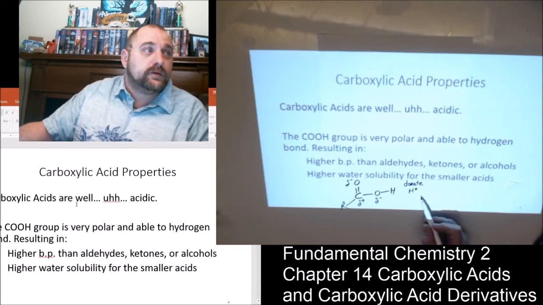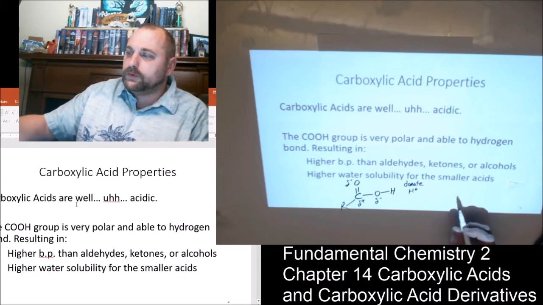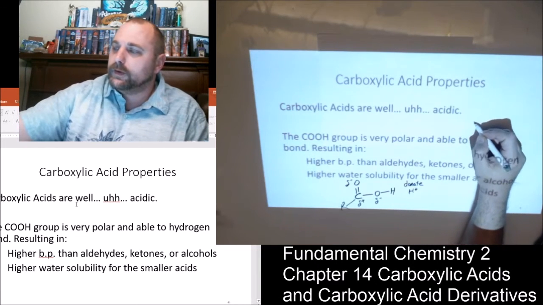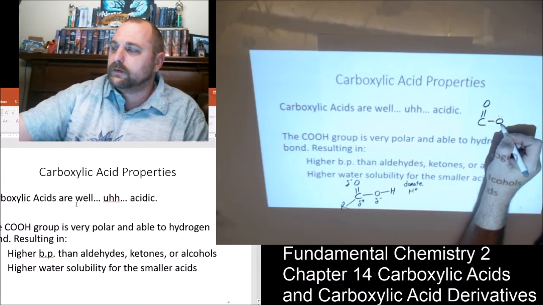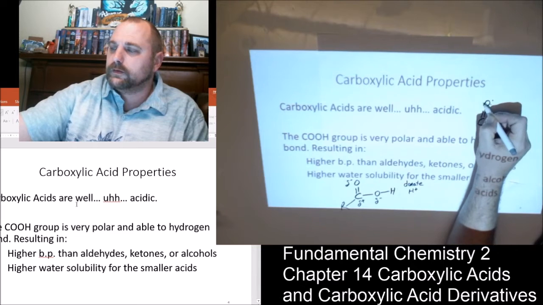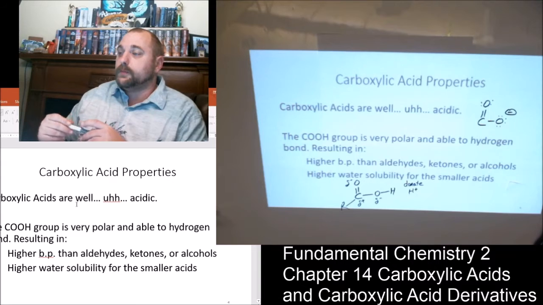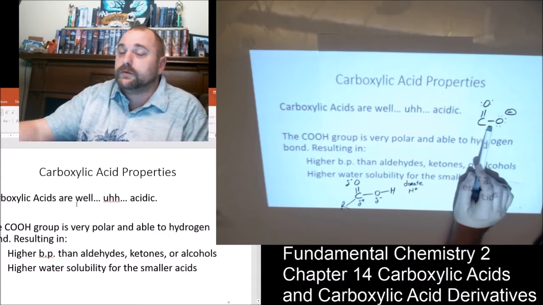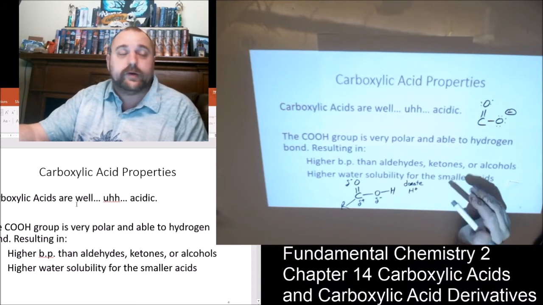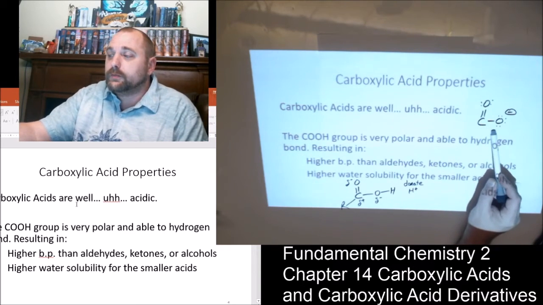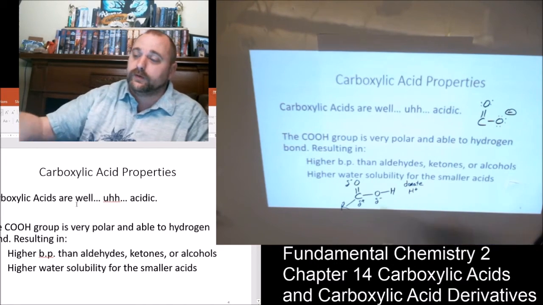Donating H+ means it loses that H+, and we're left behind with this structure that has a resonance form, and so the resonance makes it very stable. The negative charge is actually distributed across both of the oxygens, right? And so that's a very stable compound, and that's what makes acids so acidic, is this resonance form.